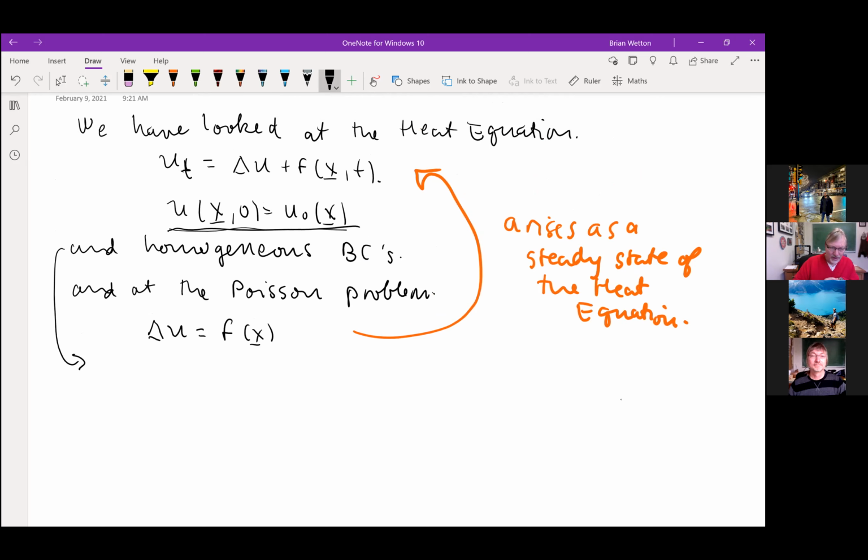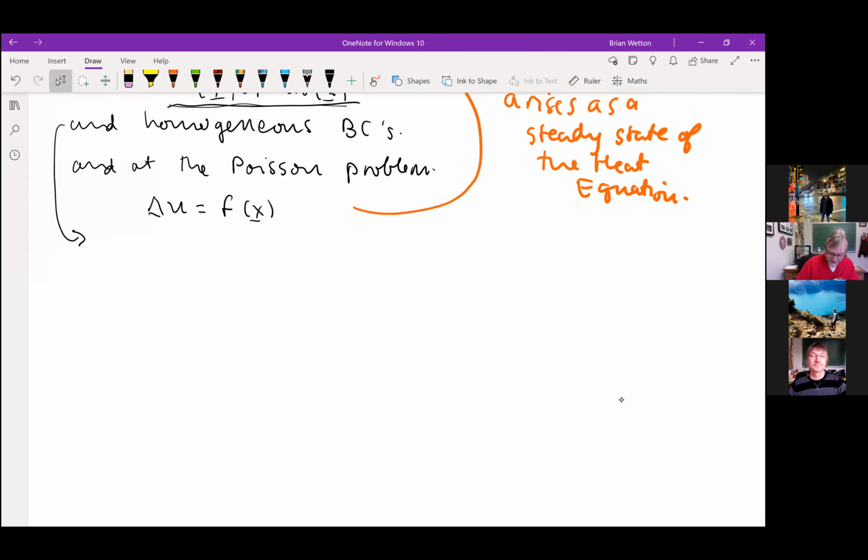But mainly what we've looked at are series solutions. And so that's been the main technique that we've used. There's a missing piece, which we will come back to.